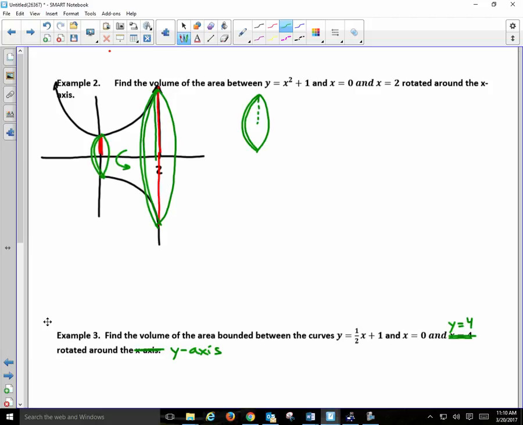Well, I want to find the volume of that disc. What's the width of the disc? dx, because it has horizontal width. Well, I need pi r squared. What's r?